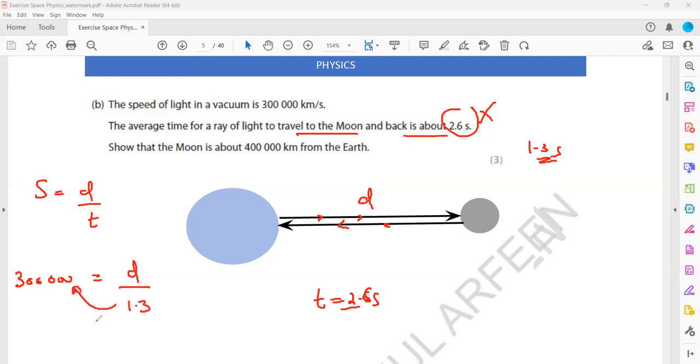1.3 is divided, so on the other side it will be multiplied. What's the answer in kilometers? 300,000 times 1.3.